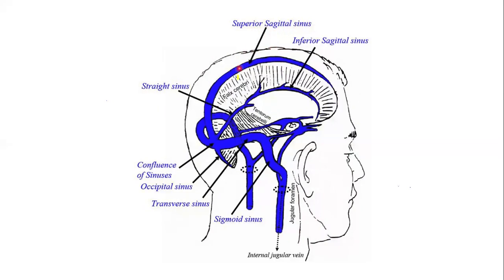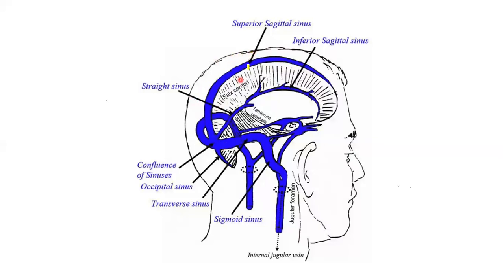The superior sagittal sinus here, then the inferior sagittal sinus in the lower part of the superior, then the straight sinus here, which is very straight, then the transverse here, or confluence of sinuses, then the occipital sinus, then the transverse sinus. It transports everything from all these other sinuses.